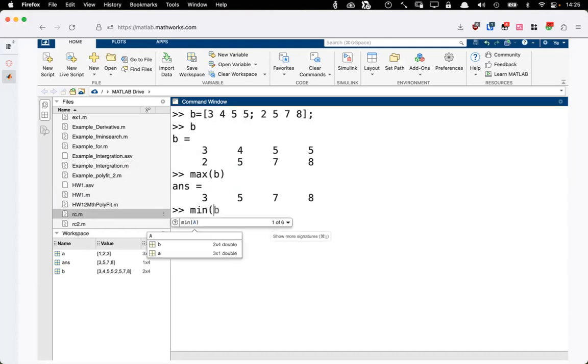The next one, minimum. Similarly, this gives you the minimum number of each column. 3, 2, so 2 is minimum. 4, 5, 4. 5, 7, 5. 5, 8, so 5. So this is the minimum number in the columns.